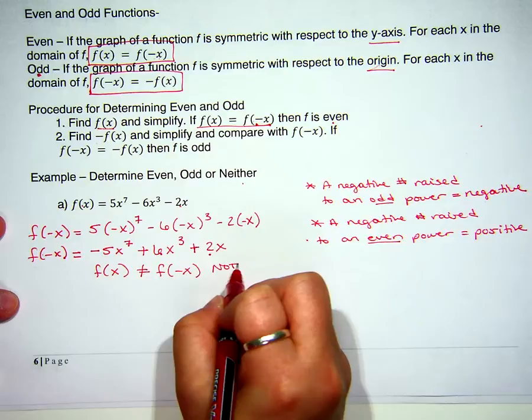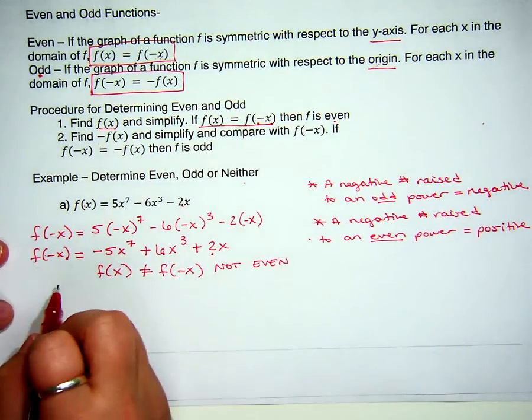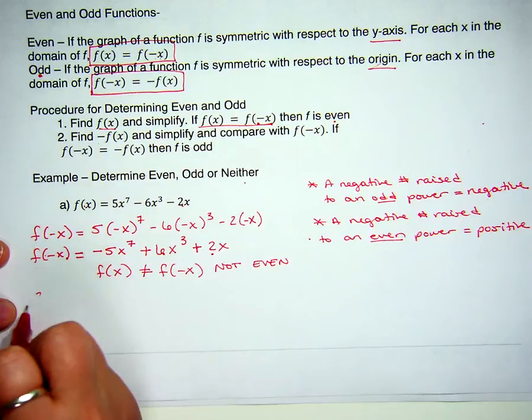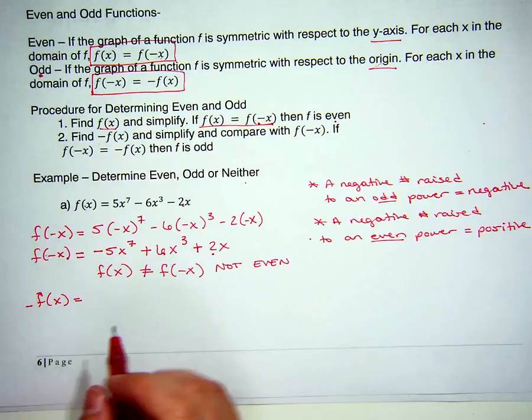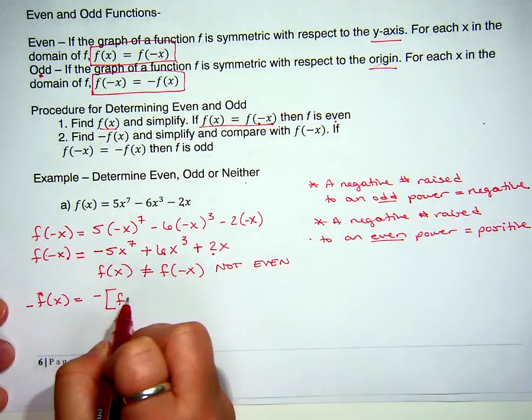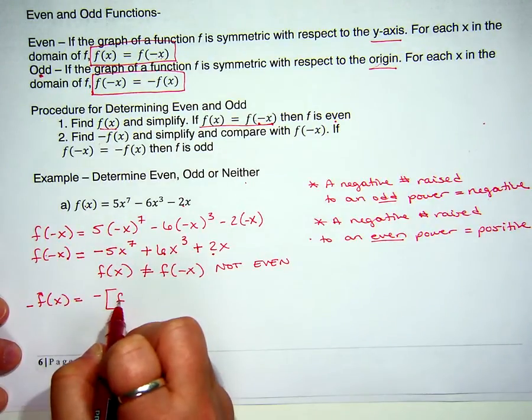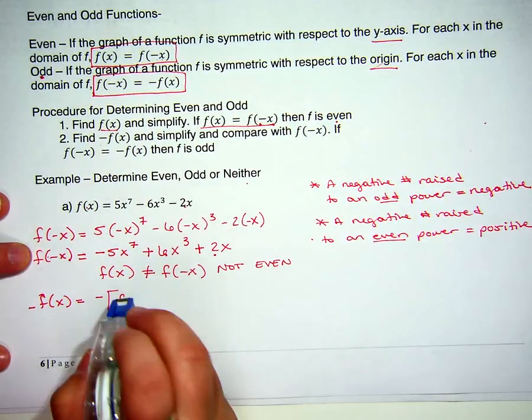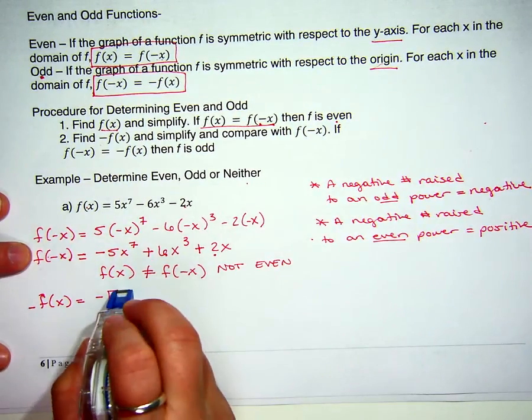Alright, well now I need to go and see if it's odd. In order to see if it's odd, I need to find negative f of x. That simply means to just negate every object in your f of x function. Let me grab my white out here. I didn't mean to write an f here.